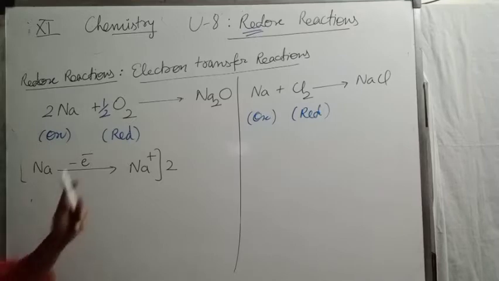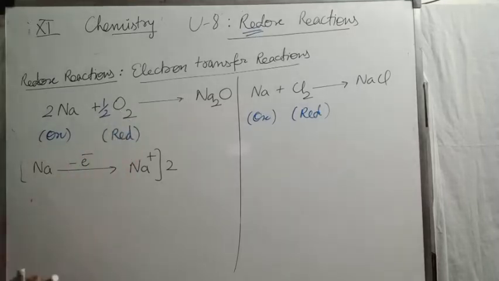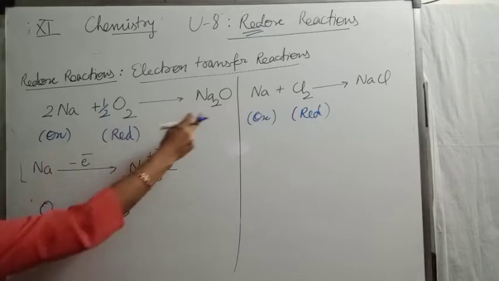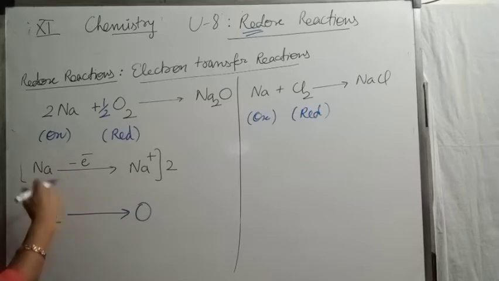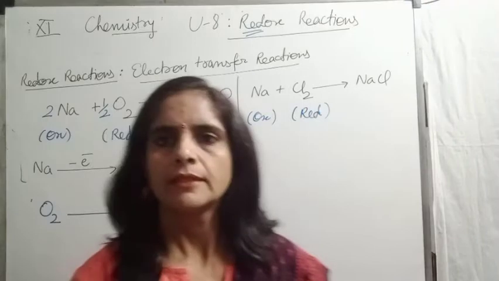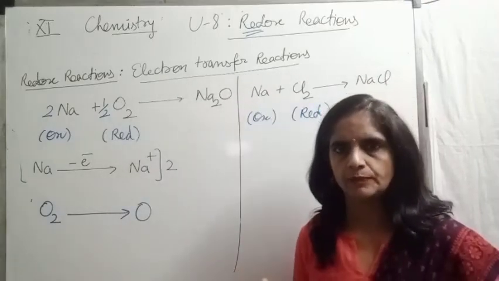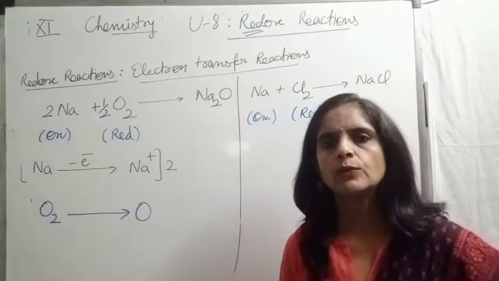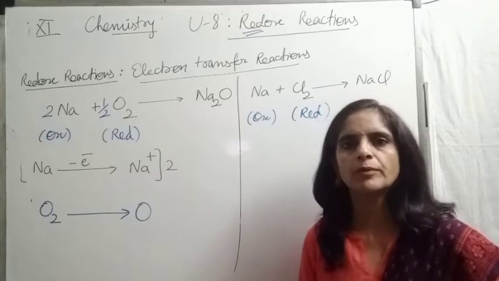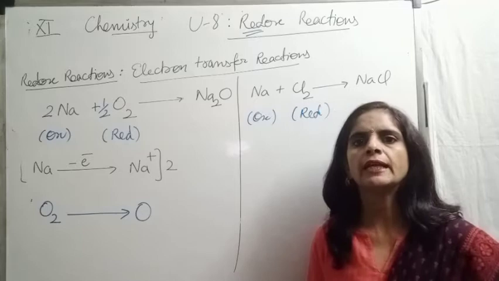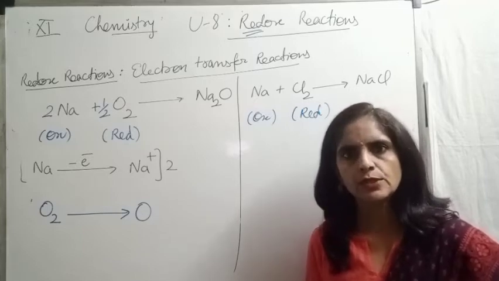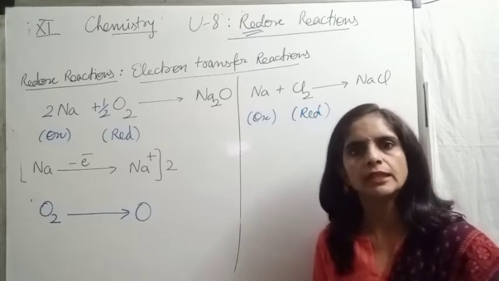Now check the second reaction where oxygen, by gaining electrons, because the electrons released by sodium are received by oxygen. Because these are ionic compounds, in the bonding chapter we discussed formation of ionic compounds. Ionic compounds are formed by loss and gain of electrons, or we can say by transference of electrons.